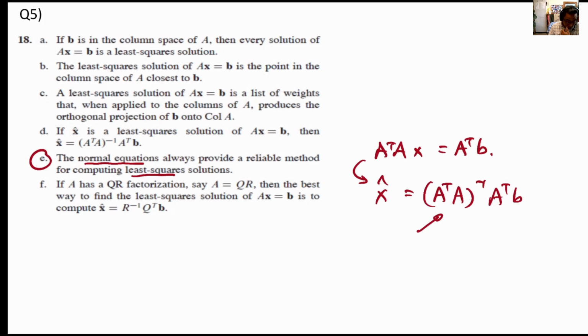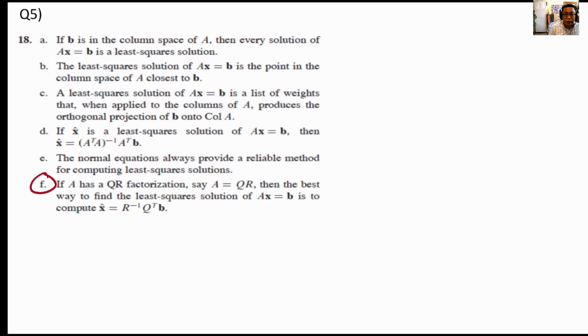From theorem number 14, this inverse might not exist, so this is not a reliable method, because sometimes the columns of A are dependent, and when that happens, this inverse does not exist.